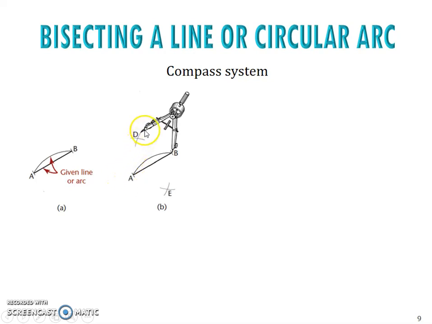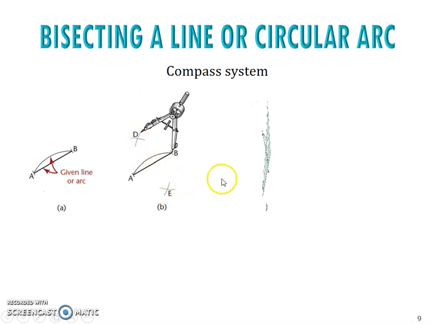You put your compass at A to B, and then you put it at 1 here, and construct this arc over here. And then when you put it at B, you construct another arc so that they intersect at points D and E.